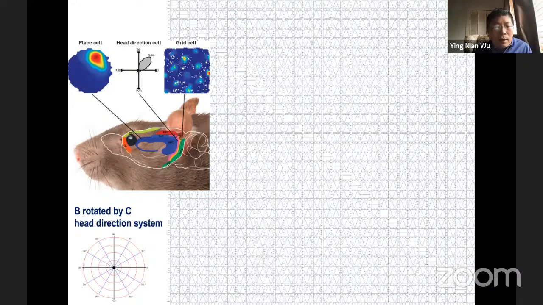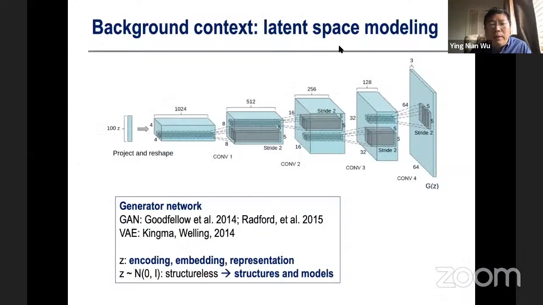Okay. Now let me briefly mention the background, the context where we did our work in terms of representation learning. Much of our work involved this generator model, where on the top you have this 100-dimensional Z vector, also a vector representation, but for this big image. Then you pass it through a neural network and generate an image.